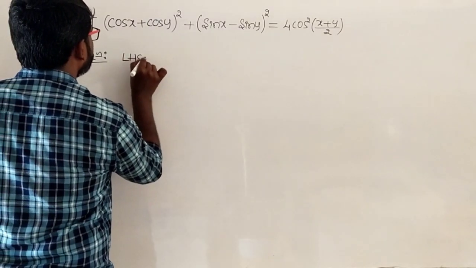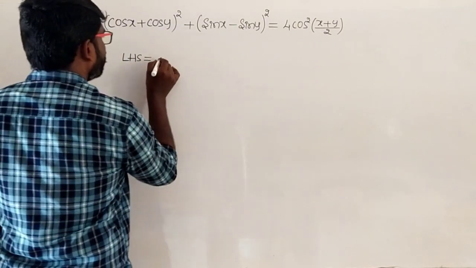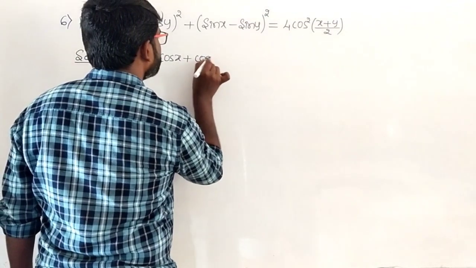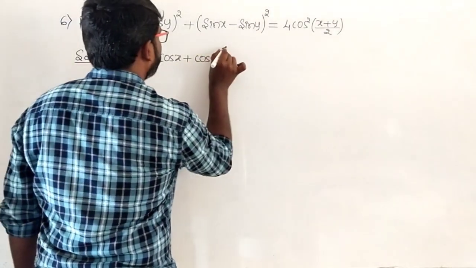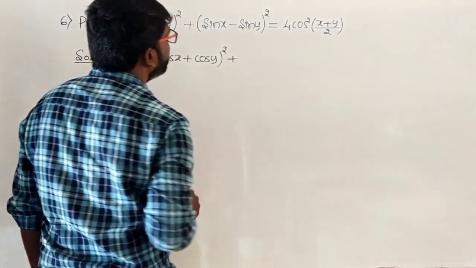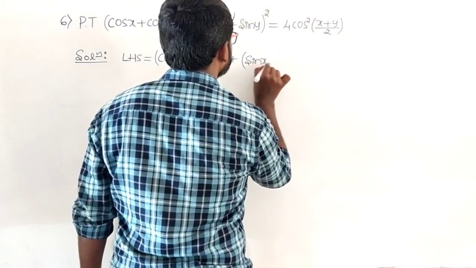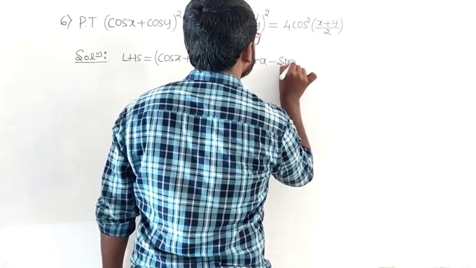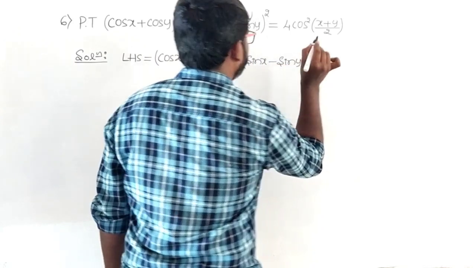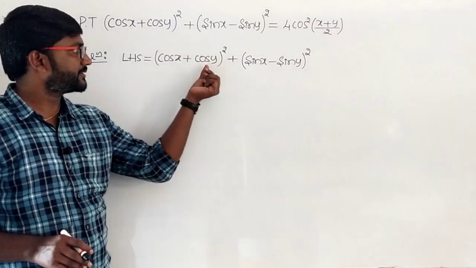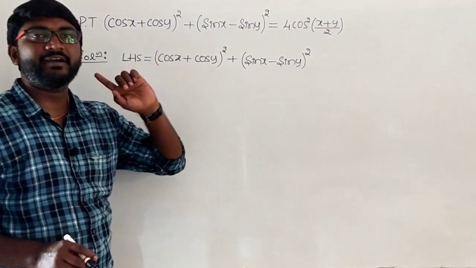LHS equals (cos x plus cos y) the whole square plus (sin x minus sin y) the whole square. Now here we have to apply the standard formula, the cos x plus cos y formula and the sin x minus sin y formula.